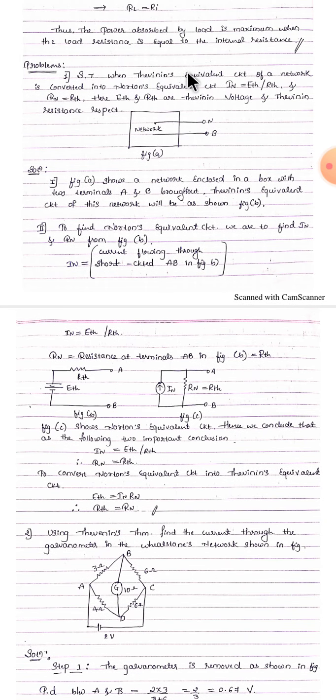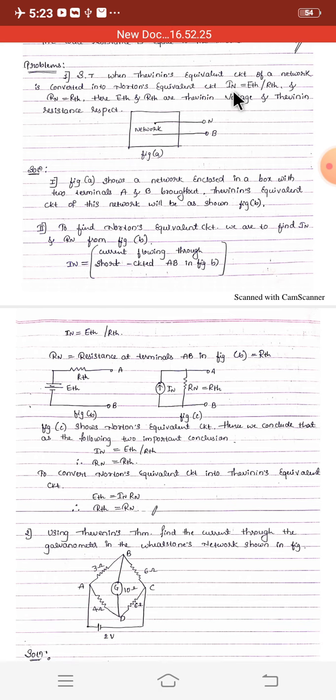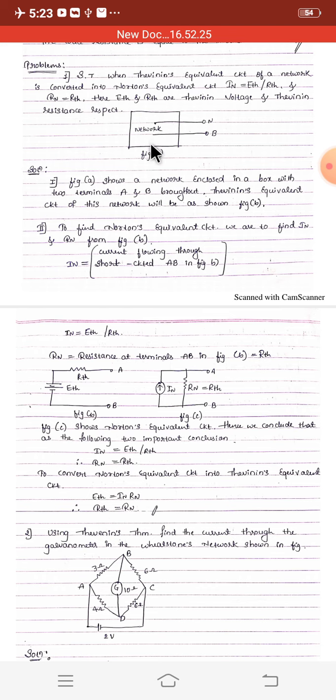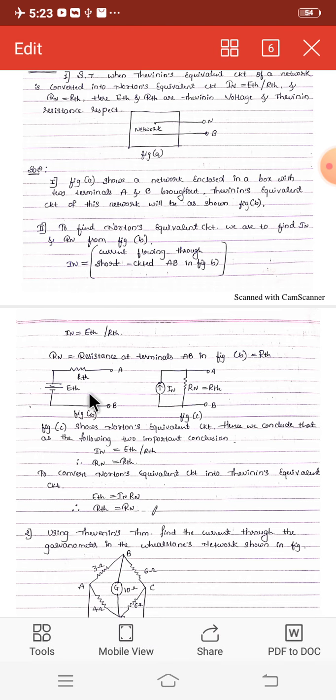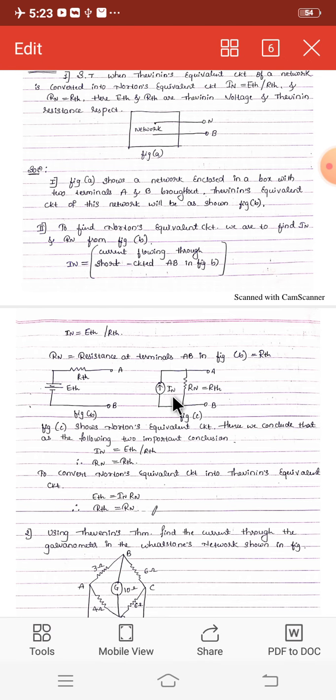In this problem, Thevenin's equivalent circuit of a network is converted into Norton's equivalent circuit. Means Thevenin's can be converted into Norton's. IN means Norton's current, that is equal to E Thevenin by RTH. This is a network. So draw two circuits, RTH, ETH. A and B are the junctions. So this is the current.